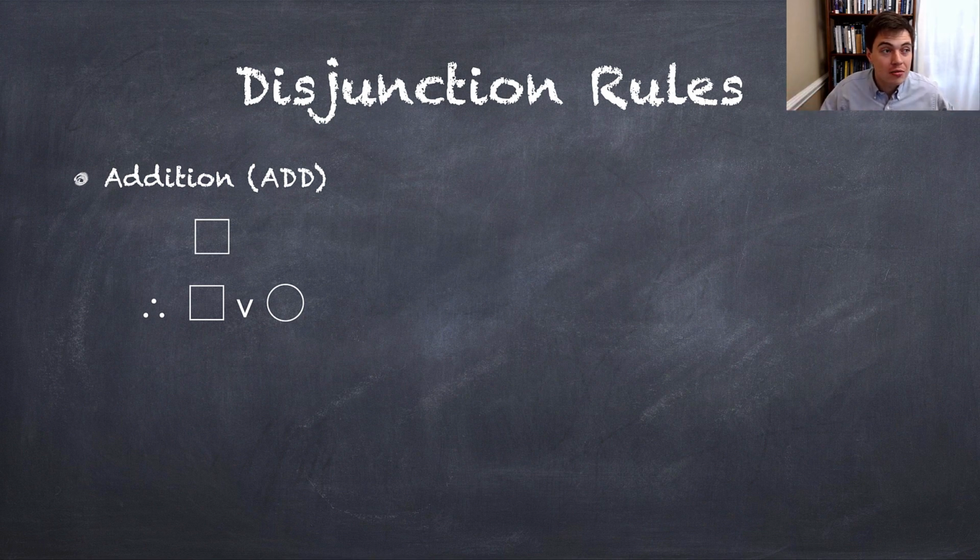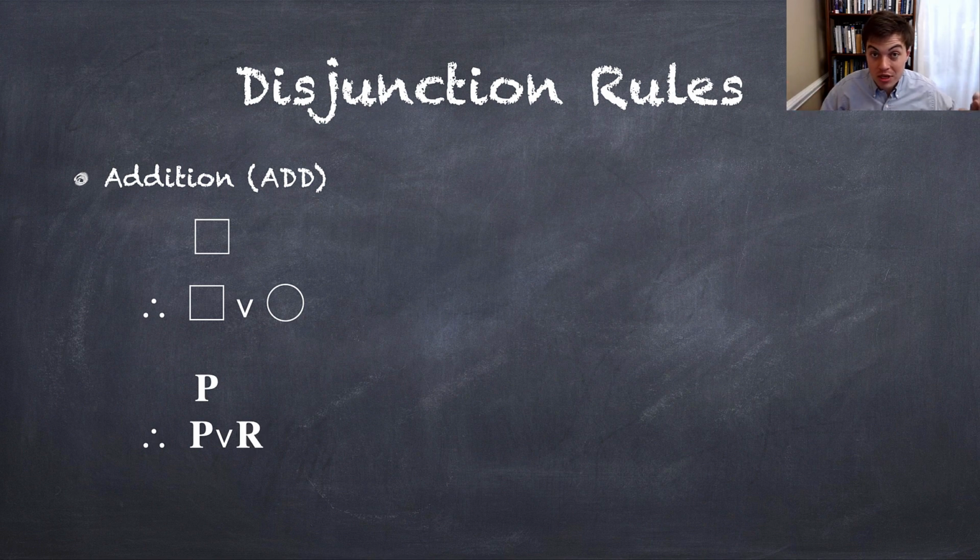Circle could be the very same thing as box. It could be a different sentence letter if it's something simple. It could be something terribly complex. In other words, what addition tells us is if you have, in a particular case, if you have P on a line, you can cite addition or ADD and conclude P or Q.